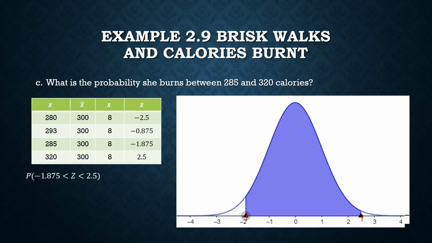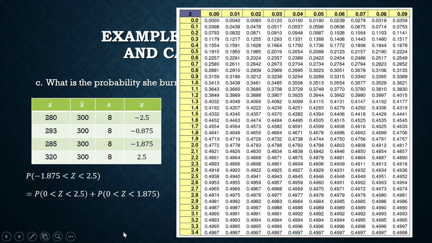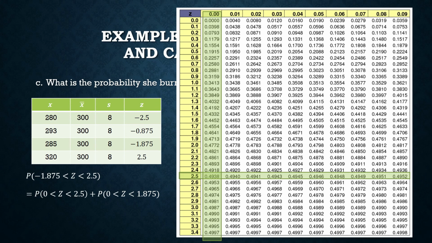Let us shade it. What is the area of this region? We decompose it into two regions. First, from 0 to 2.5, and then we add the area from 0 to 1.875, which is the same as the area from 0 to negative 1.875. The area between 0 and 2.50 is 0.4938.